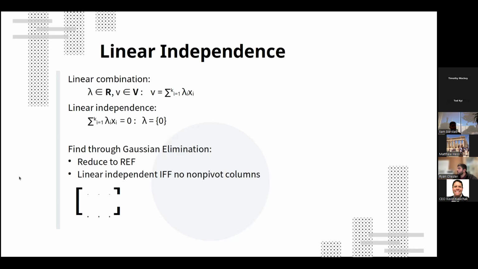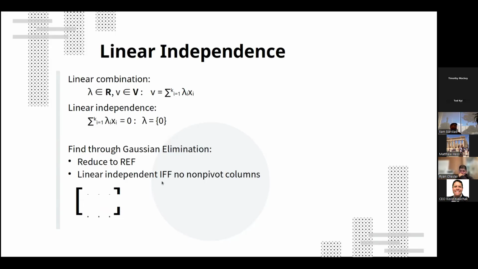It cut that off too. So how you find out if vectors are linearly independent is you write each vector next to each other as columns. That's the part you can't really see here: each of these columns is a vector. And then you reduce that to row echelon form.